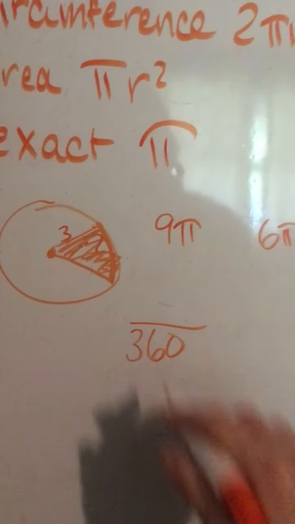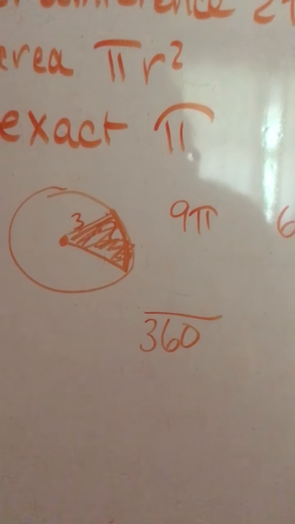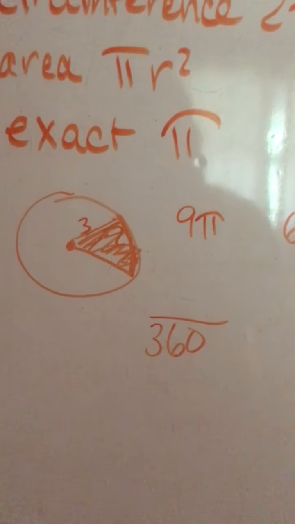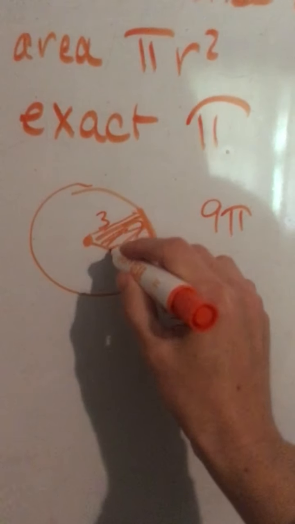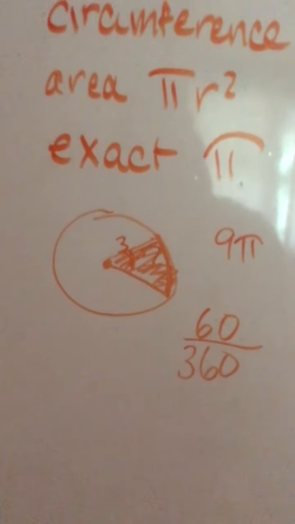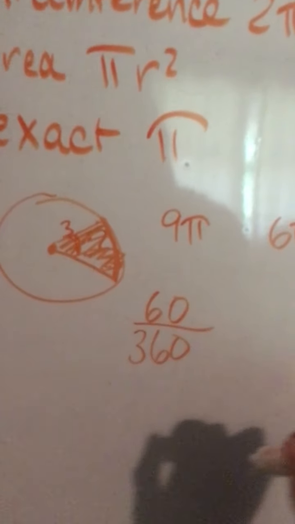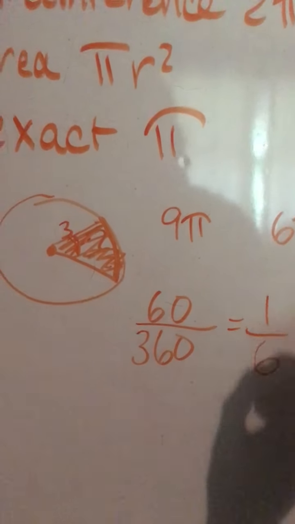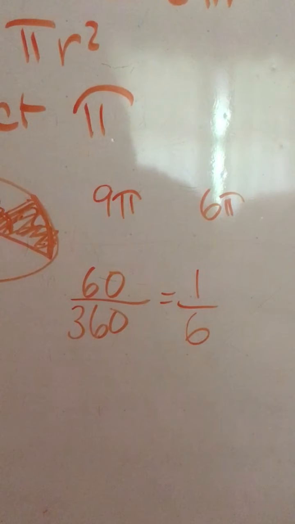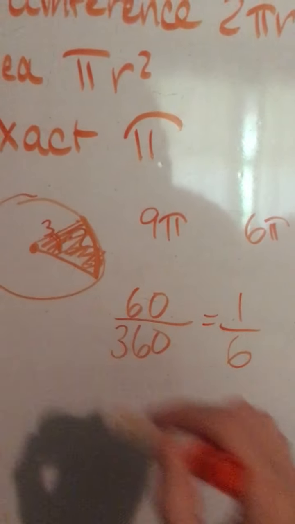So if this is a 60-degree central angle here, then I know that's 60 out of a full 360. So 60 out of 360 is 1/6. So I know that this pie piece is 1/6 of the whole circle.